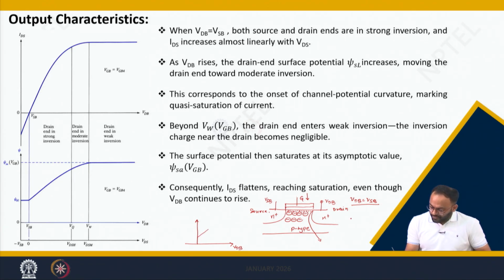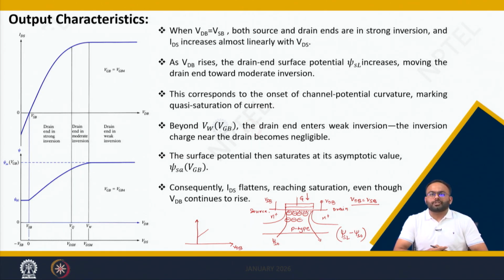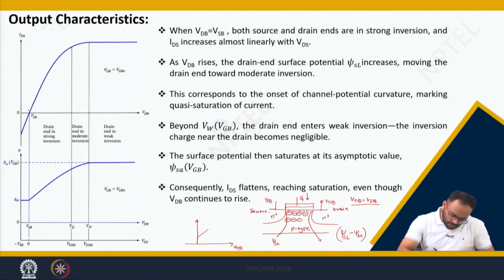The increase in surface potential over the surface potential of psi S0 is causing a horizontal field, that is psi SL minus psi S0, which is responsible to attract the electrons toward the drain side. This corresponds to the onset of channel potential curvature and making non-saturation of the device. It means you are in the linear region, and the current increases like this.